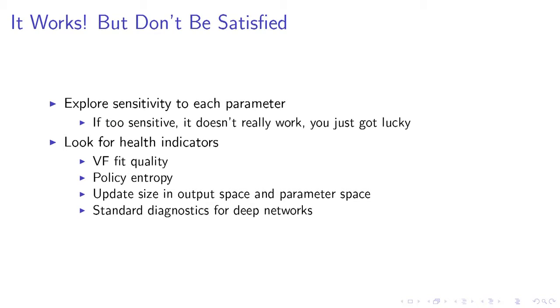And if it's too sensitive, it's not actually a robust algorithm, and you shouldn't be happy with it. You probably just got lucky on that one problem. It's actually possible to have a method that is a fluke, and it works in one problem because of some funny dynamics, but then it doesn't work in general, so it needs some serious improvements.